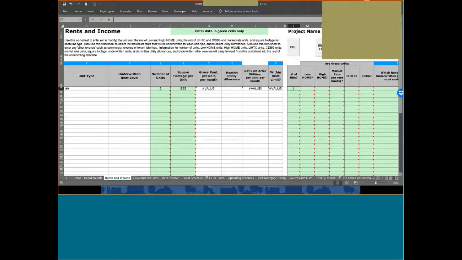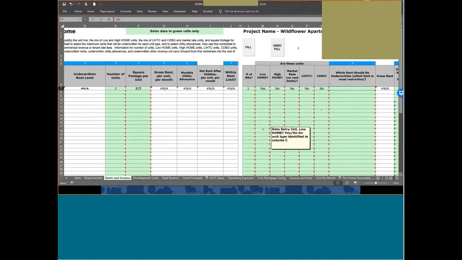That they're 1 bedroom each, that they're yes, low HOME, and accordingly, no, not high HOME, and accordingly, not market rate units, not low income housing tax credit units, not CDBG, and that the rent limit that we want to underwrite to is low HOME.